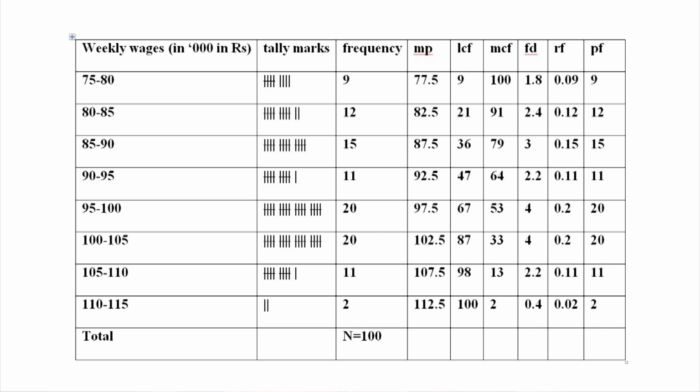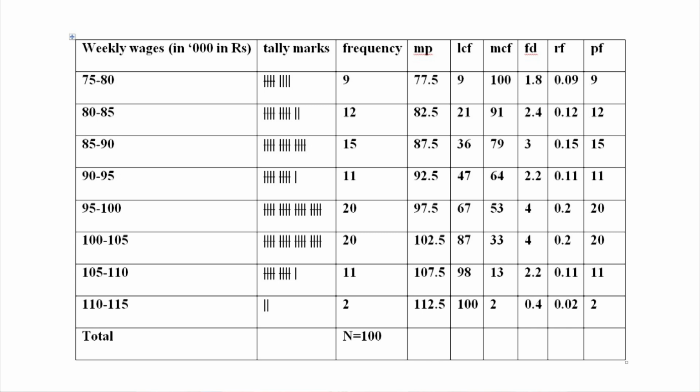Hence, put a tally mark corresponding to the class interval 75 to 80. The third observation in the data is 79, which is also marked corresponding to the class interval 75 to 80. Similarly, proceed with tallying the remaining observations.